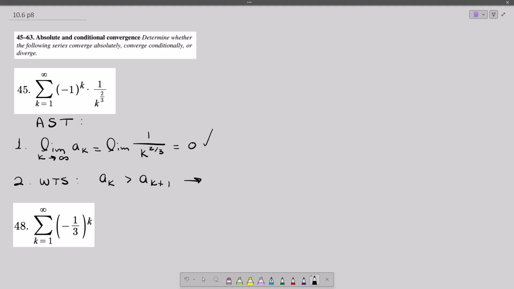So a sub k is 1 over k to the 2/3. We want to show that this inequality is true. We don't know if it is. So we do that. Cross multiply. And once we've cross multiplied, it starts to unravel pretty darn quickly.